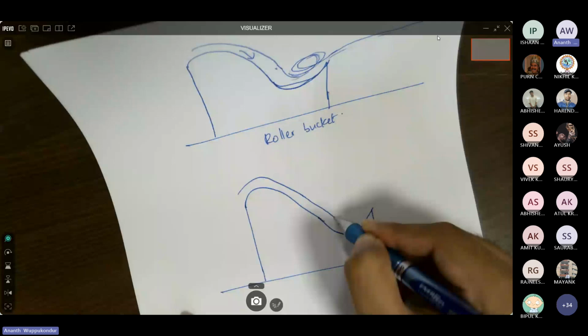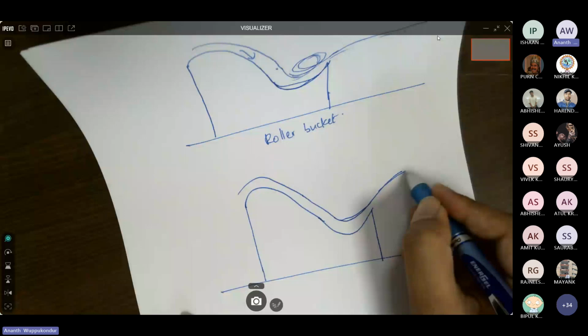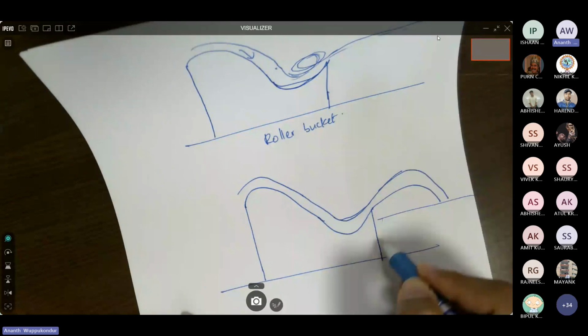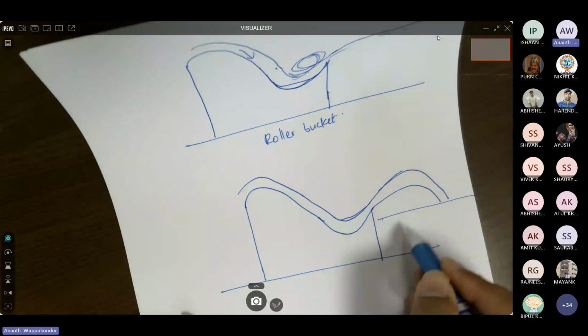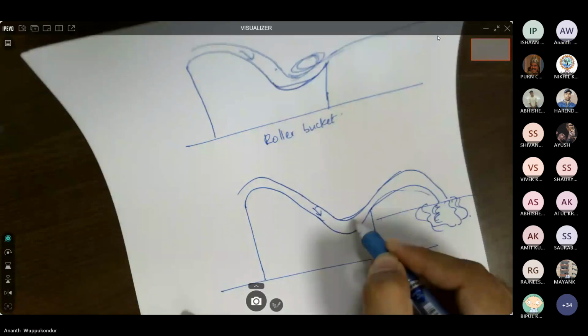So it's just shooting off the bucket and then falling in. Instead of allowing it to go directly onto the bed, you're just allowing the flow to shoot off. And here it is going to lose energy with the turbulence. So this is called a ski jump bucket.